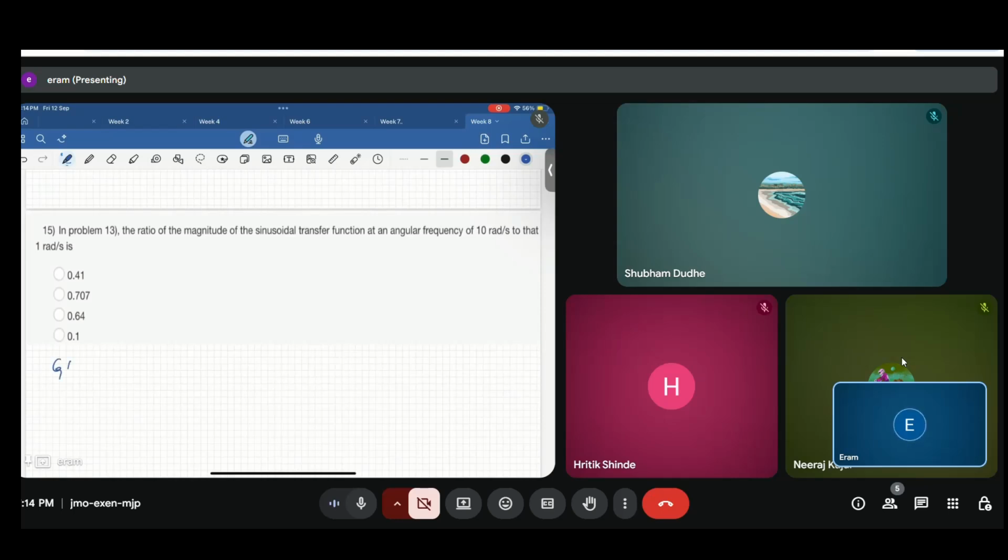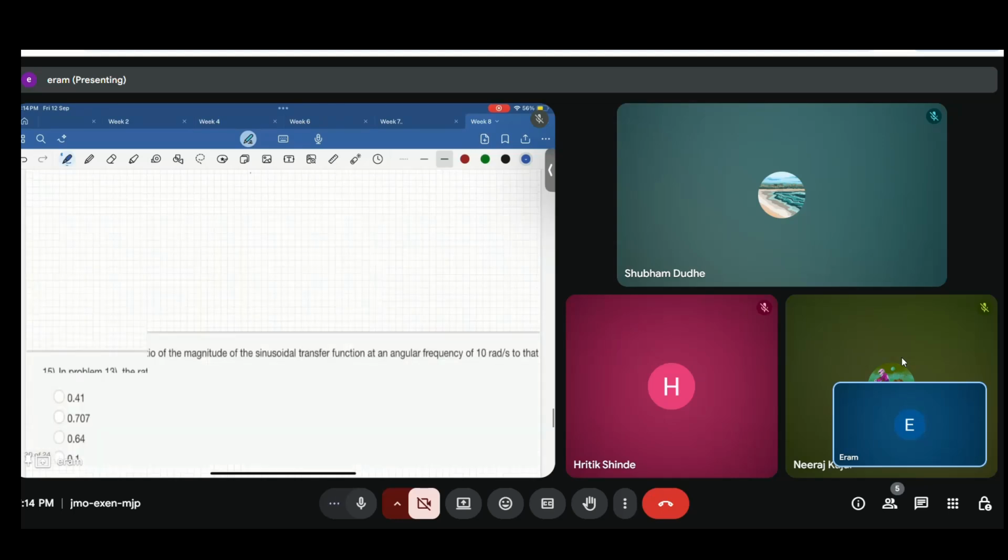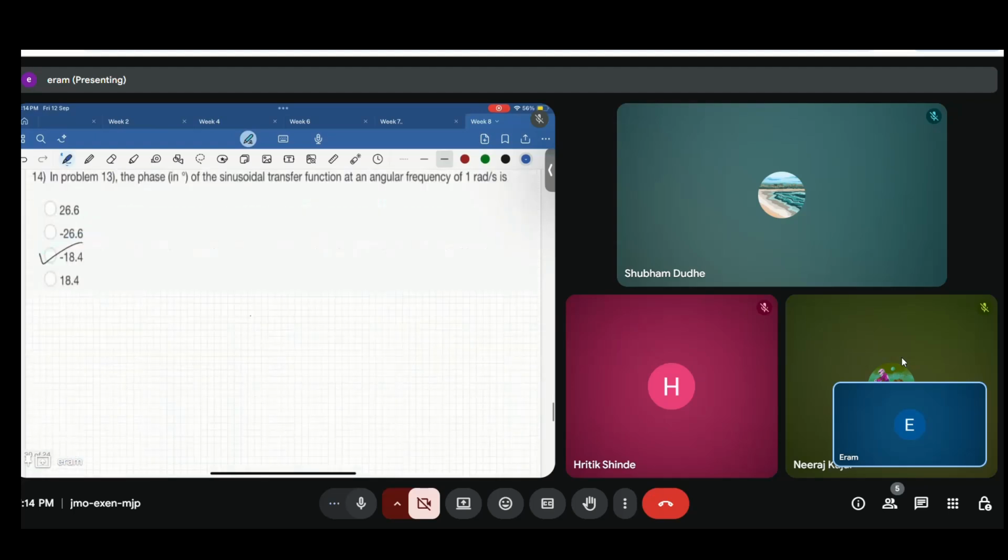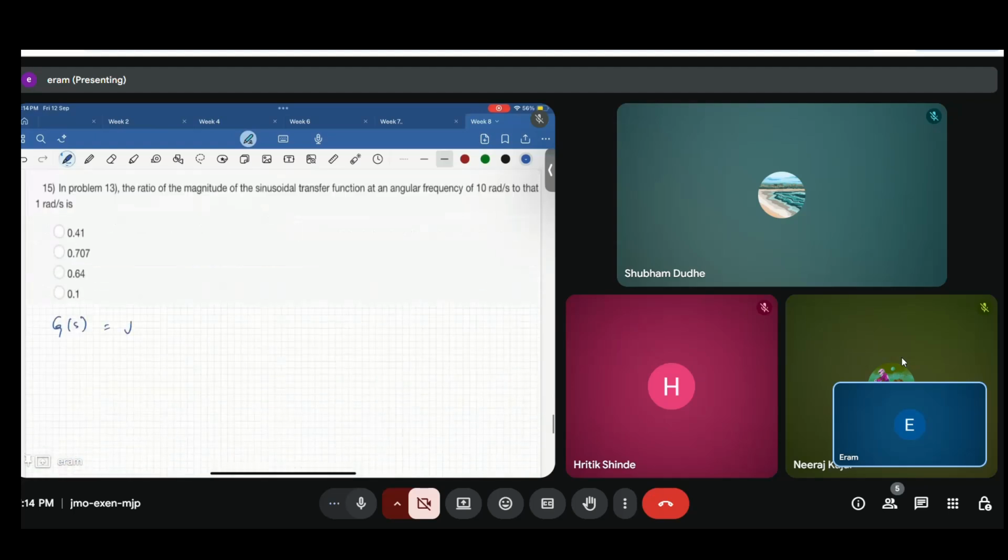So our transfer function was (j omega plus 2) over (j omega plus 1), and its magnitude is root of (4 plus omega square) divided by (omega square plus 1).